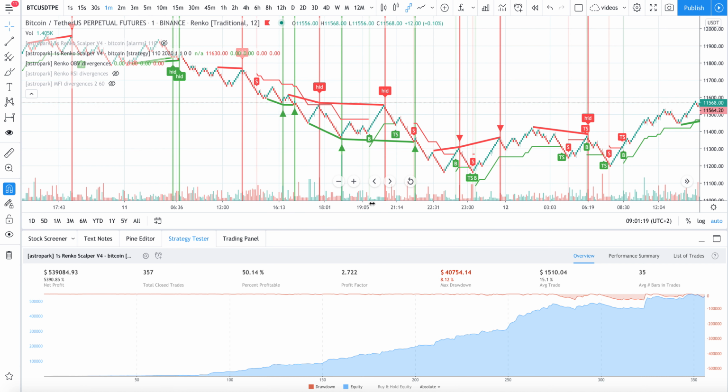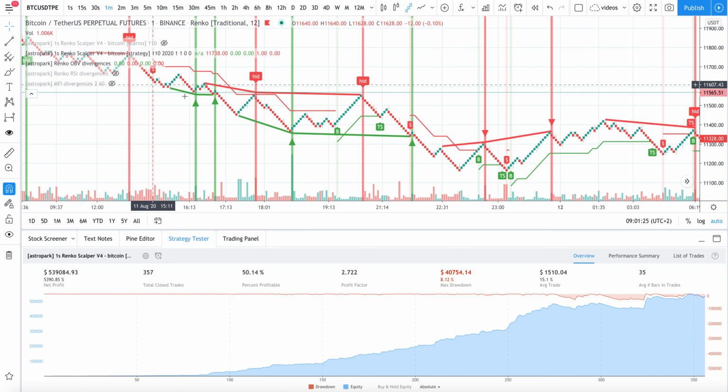So let's say, for example, you shorted here and you see here some kind of bullish divergence. You may start closing, for example, 1/4, so 25% of your position. And here, as you saw, the trailing stop was almost reached, but a hidden bearish divergence was triggered.